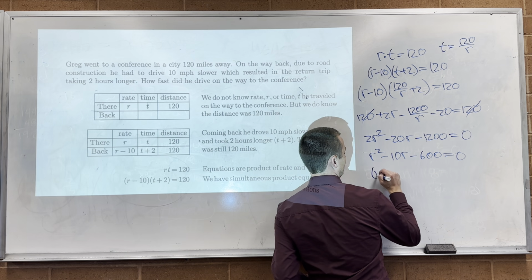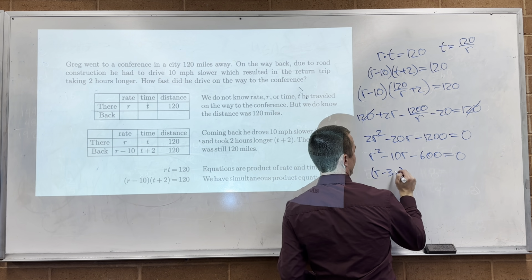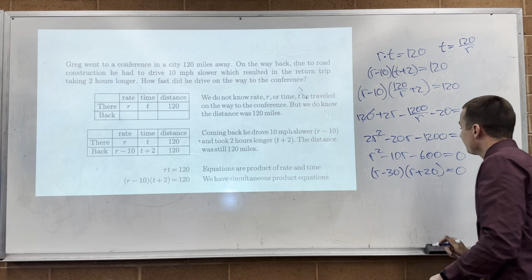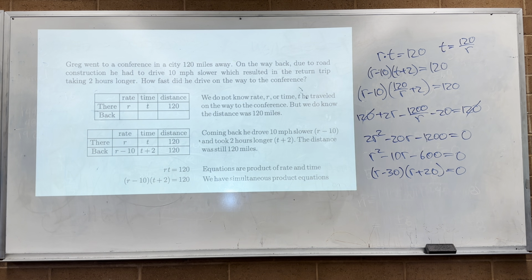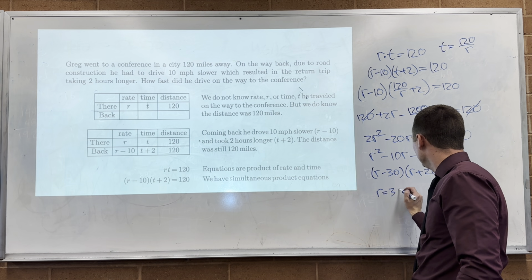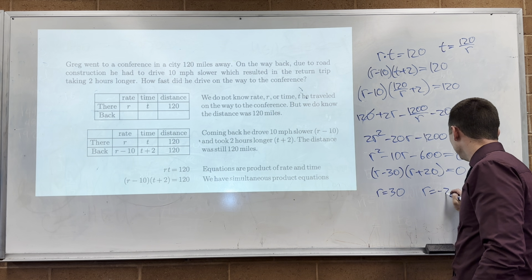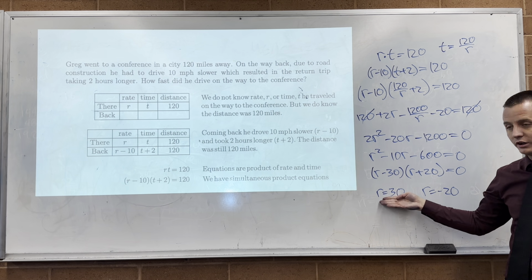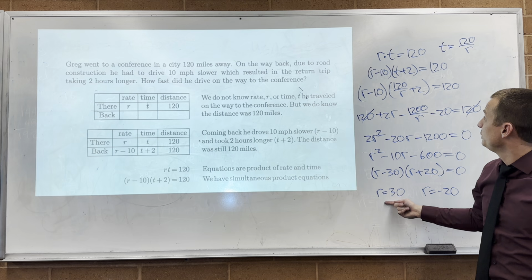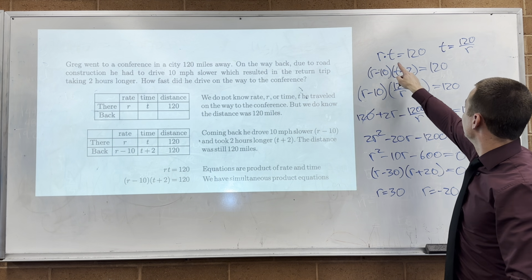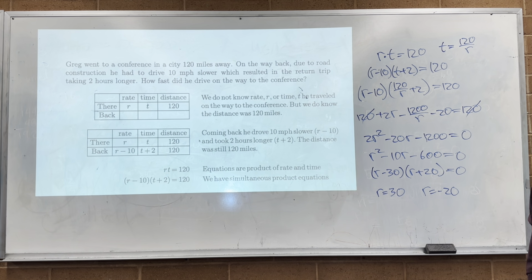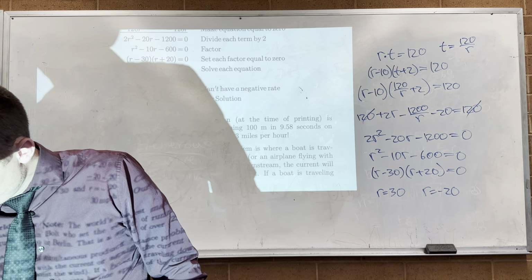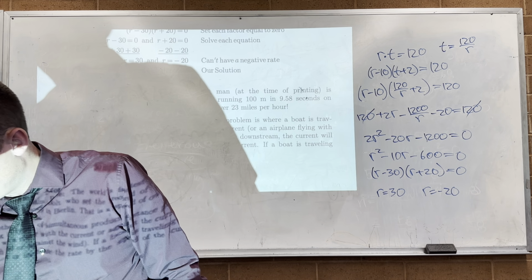So this is going to be r minus 30, r plus 20 equals 0, right? Yeah. And so we get r is equal to 30 or r is equal to negative 20. Which of those answers is right? R equals 30. He doesn't have a negative speed. So his speed was 30 miles per hour and his time going there was 4 hours. So r is 30, t is 4. So 30 miles per hour was his rate. Maybe it didn't ask for his time.